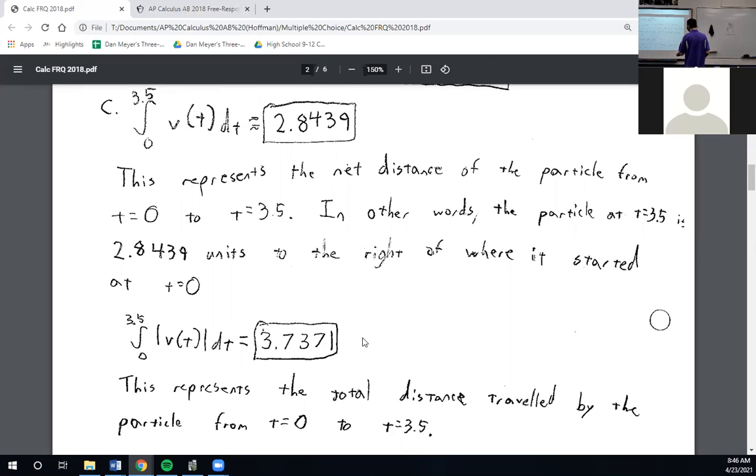You should know that the integral of absolute value velocity is total distance traveled. The integral of just velocity is the net distance. In other words, it's saying here's how far to the right or left of the starting place I am when I get to 3.5. And the integral of absolute value of velocity is total distance traveled.